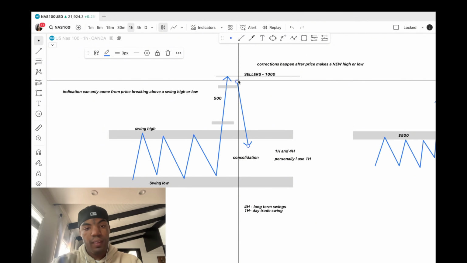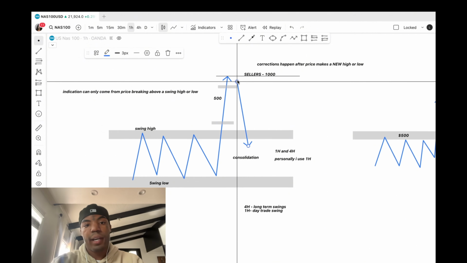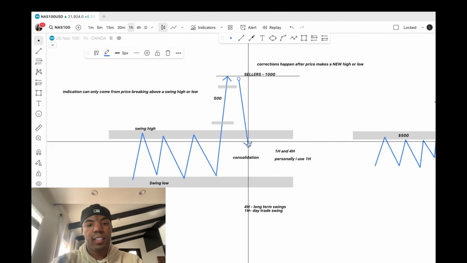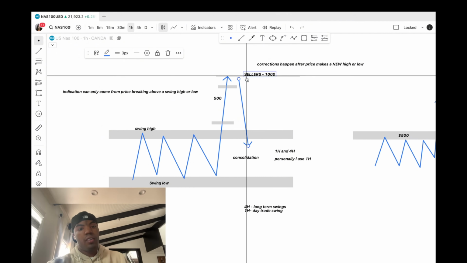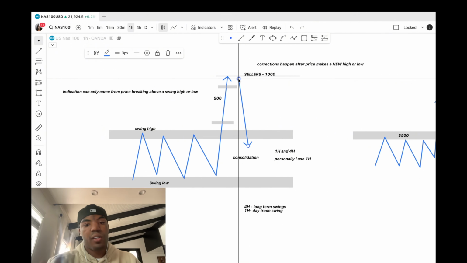So this is basically what the correction is about. It's normally about when price is pushing back down, grabbing as much liquidity as possible. And normally you would want to look at this correction. So notice how we marked up our charts on the 1 hour or 4 hour time frame.